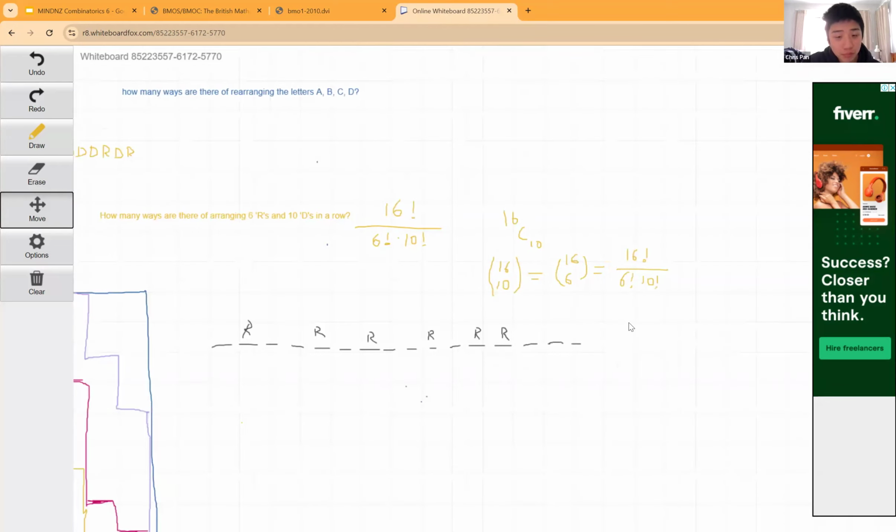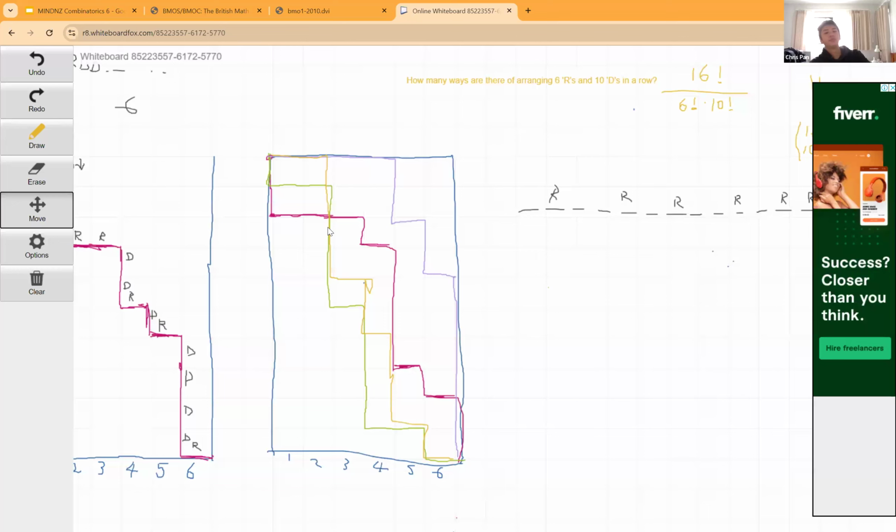Each of these, and I can't compute this, it's a pretty large number, but each of these combinations is a unique string of 6 Rs and 10 Ds, which corresponds to a unique path going down this graph, which corresponds to a unique sequence of exam scores for Isaac.